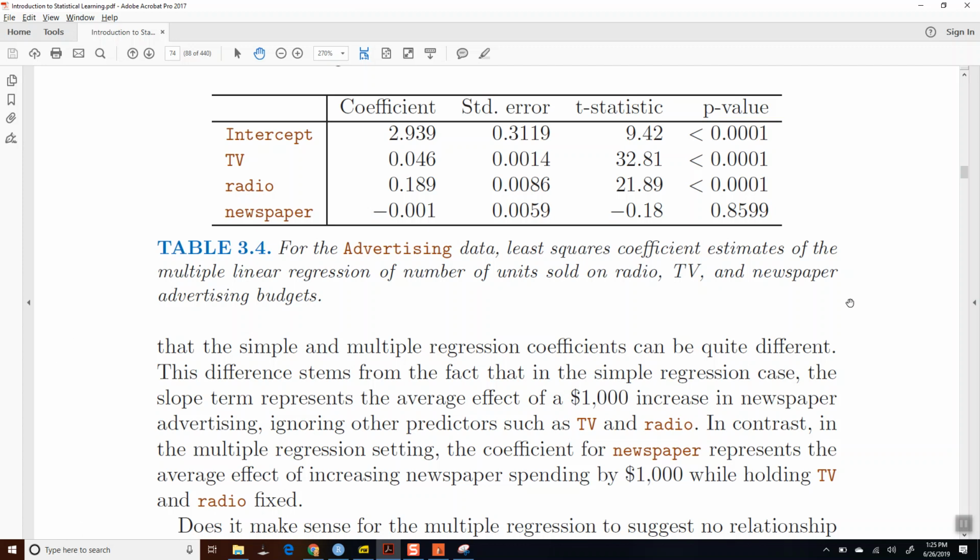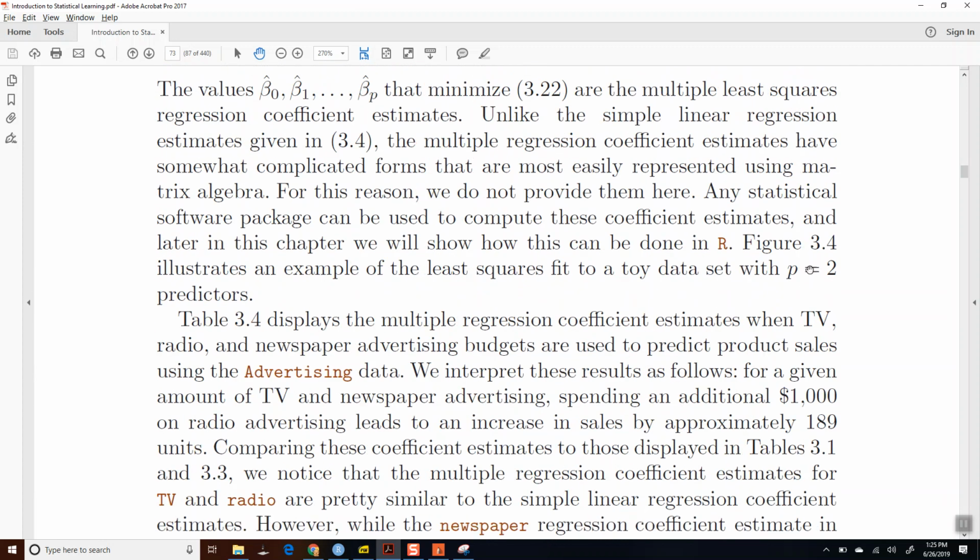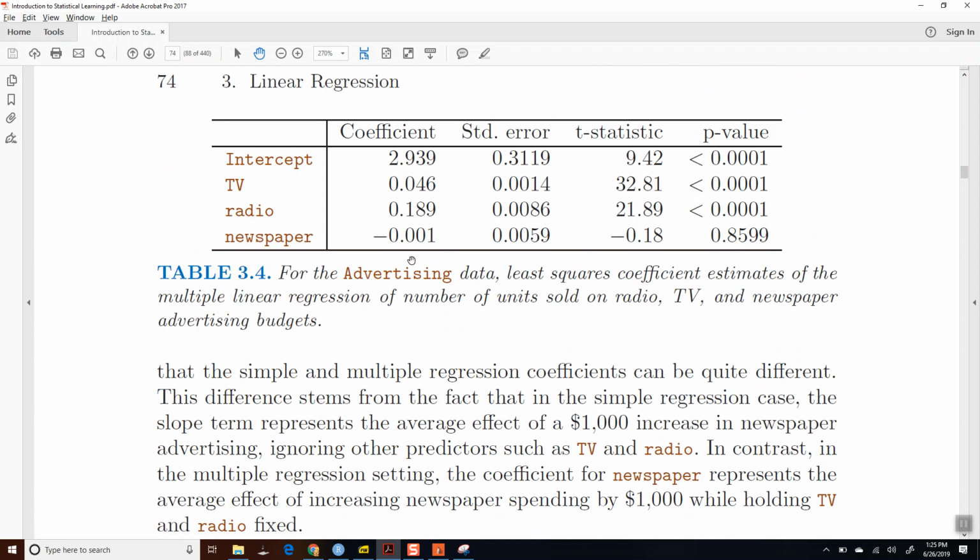And interestingly enough, the coefficient that we estimate for the newspaper is actually negative 0.001, which would seem to indicate that spending more money on newspaper advertising actually decreases our sales numbers, which would be problematic.